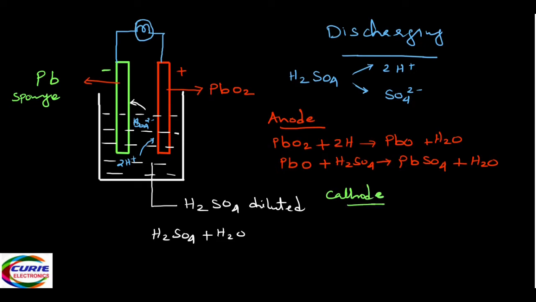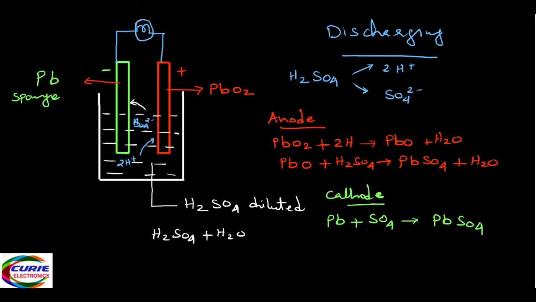At the cathode, we have sponge lead. The SO4 2 minus goes there and gives its extra electrons to the lead, and it becomes an SO4 radical that will react with this sponge lead and form lead sulfate.